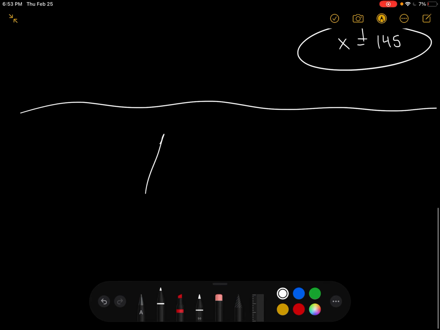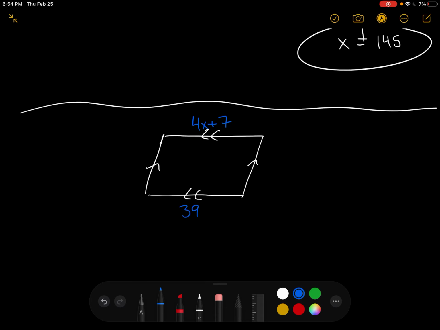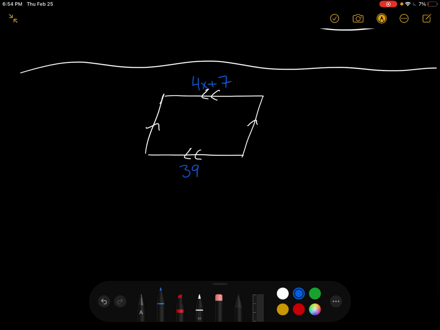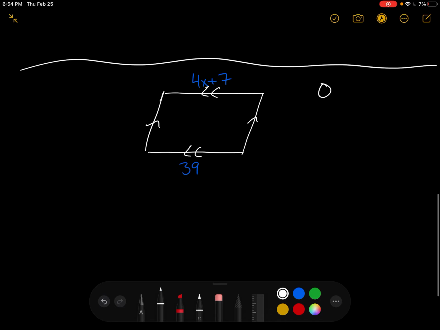Another example, again, make sure that they are in fact parallel. So we have to make sure we have our Taylor Swift-John Mayer example, otherwise it is not in fact a parallelogram. You might have like 4x plus 7, and then maybe equals 39. And for this case, we have opposite sides.